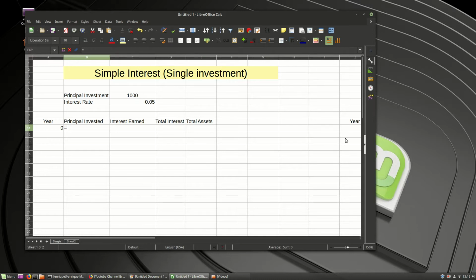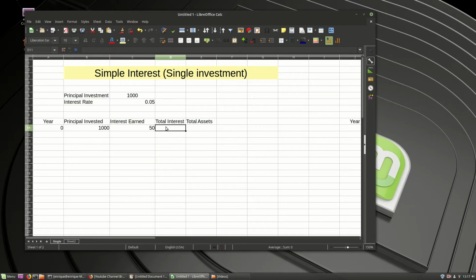So doing this in Excel or LibreOffice, that's just $C$6. Cool. And the interest that we earn on that is going to be that principal that we invested multiplied by the interest rate. So in that case, it's going to be $C$7.